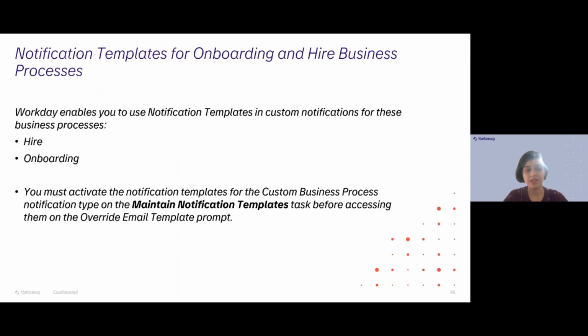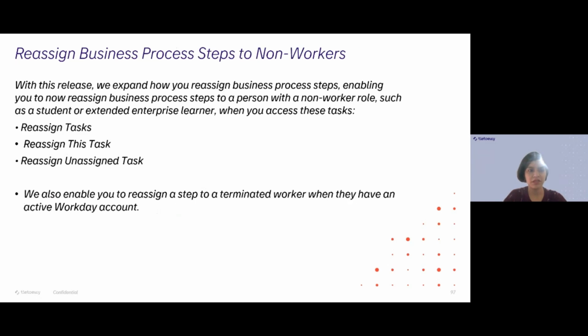We must activate the notification templates for the custom business process notification type on the Maintain Notification Templates task before accessing them on the override email template prompt. This feature is not fully available on the preview tenant as of now, but hopefully we should have it in production, and you should be able to utilize the notification templates on these business processes.